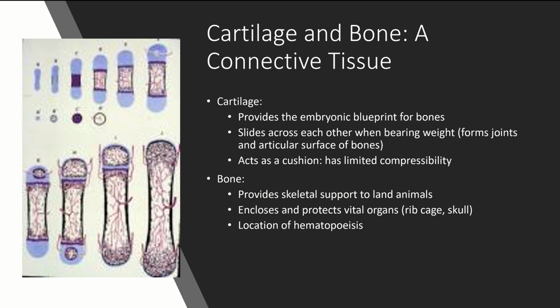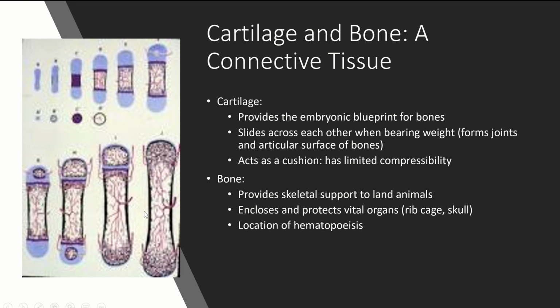So it encloses and encapsulates those very sensitive organs, just so that they don't get damaged or anything, right? Because bone is very tough. And then it is also the location of hematopoiesis, okay? And hematopoiesis is just the process of forming white blood cells and red blood cells, right?